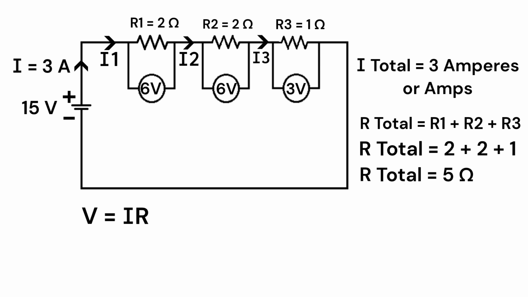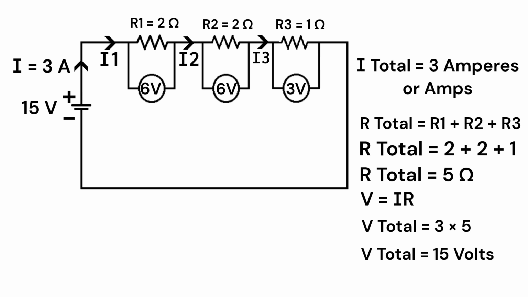So total or overall resistance R total is equal to 5 ohms. Now we have the total values of current and resistance. Let's substitute them in Ohm's law. V is equal to IR. Then V total is equal to 3 into 5. So V total is equal to 15 volts, which is the same as when we calculated after getting individual voltages.